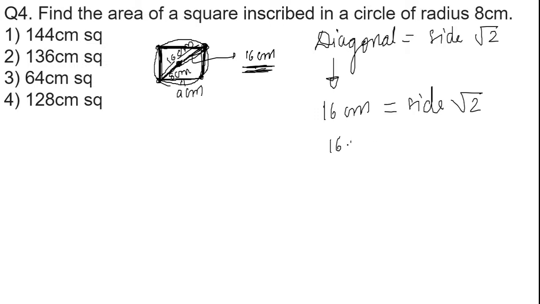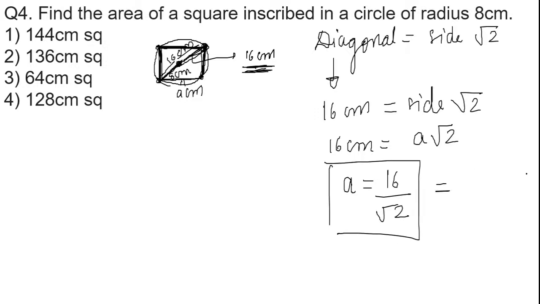So 16 centimeter is equal to a under root of 2. Now we have to find the area of the square. First we'll find the side. A is equal to 16 under root of 2. This is the side of the square.